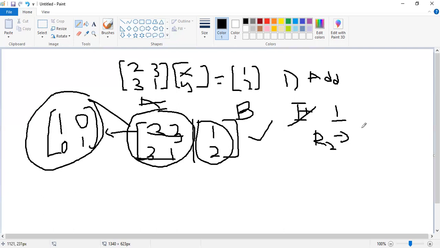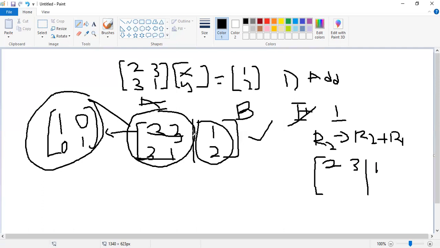Then if you want to add row 1 to row 2, then you say row 2 plus row 1. So the resulting matrix that we'll get will have row 1 the same, because the effect we are making is on row 2, not on row 1. So row 1 will remain the same. Then our row 2 will change, because now we are saying we should add row 1 to row 2.